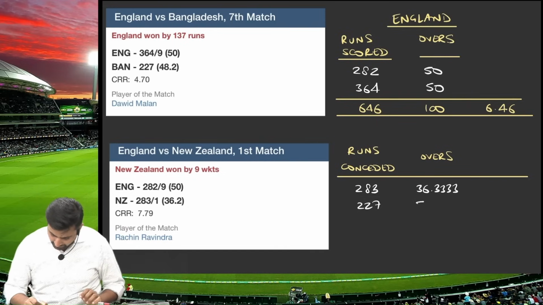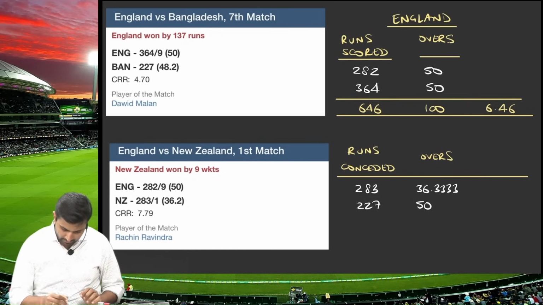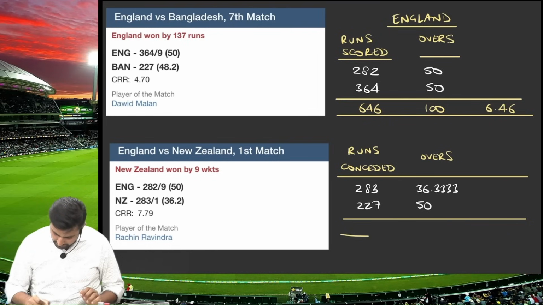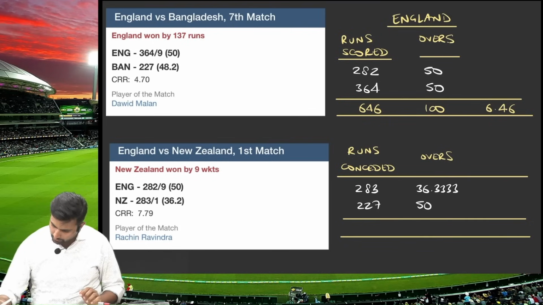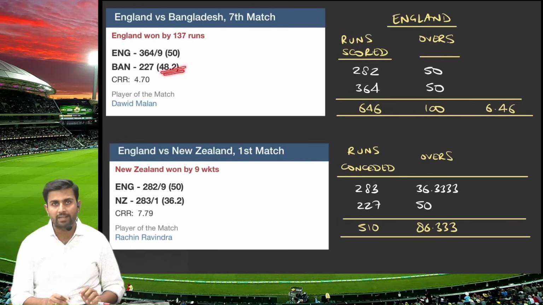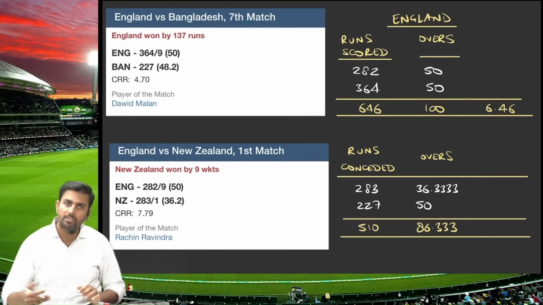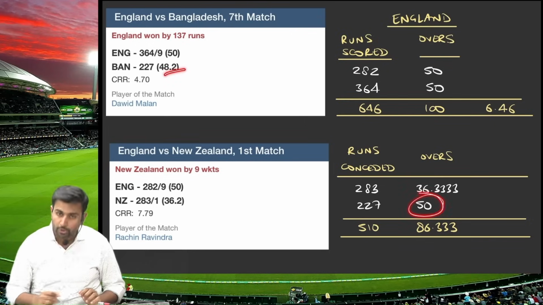So it will be taken as 50 overs here. Using this, we calculate the total runs conceded by England: 283 plus 227 is equal to 510, and the number of overs bowled for that is 86.333. Even though the actual number of overs is slightly less, if they have bowled out the other team, they get the credit of 50 overs here.